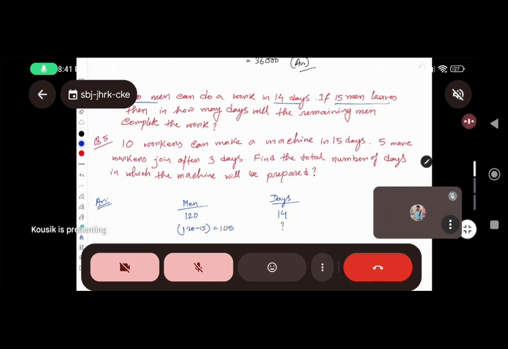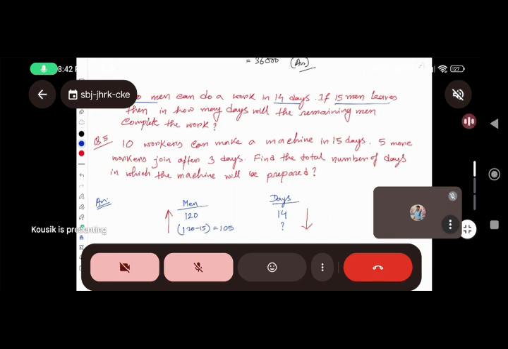See that this is the inverse, meaning opposite relation. This is very important: if the number of men is increased, then the days will be decreased. The amount of work is fixed. So if you employ more workers, then the work will be completed in fewer days.